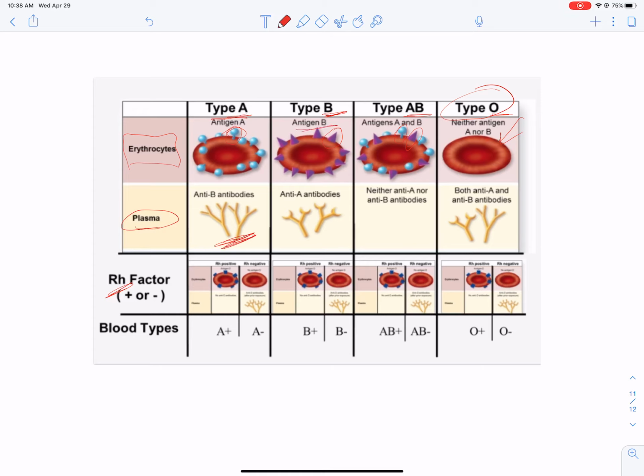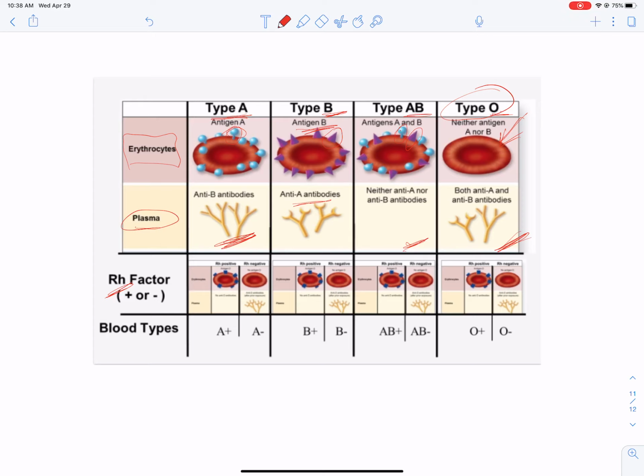If I have the B antigen, I have the A antibodies floating around in my plasma. If I have both A and B on my red blood cells, I have neither in my plasma. And if I'm type O, since I don't have A or B on my red blood cells, I have the A and the B antibodies in my plasma.